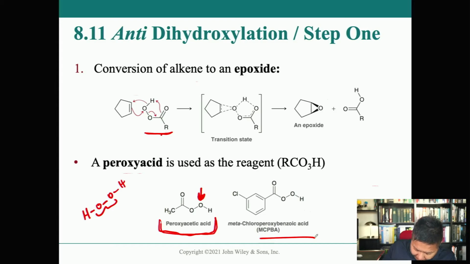So again, the double bond comes over here. This is a little complicated, so follow me here. The double bond does the nucleophilic attack on the oxygen. And then the oxygen releases its double bond to this oxygen.